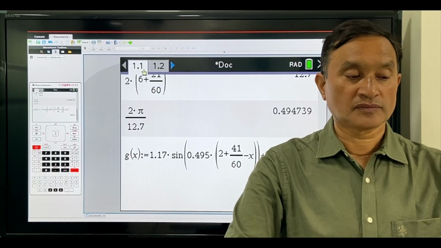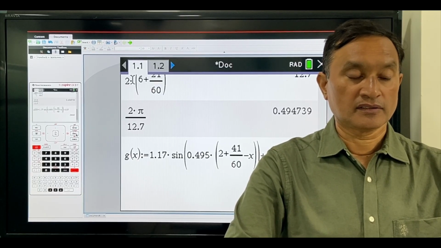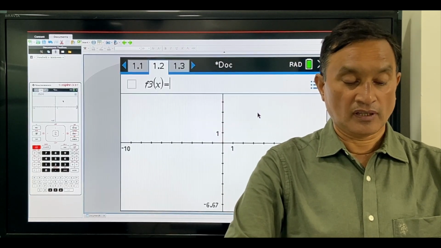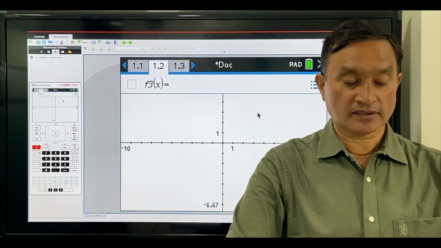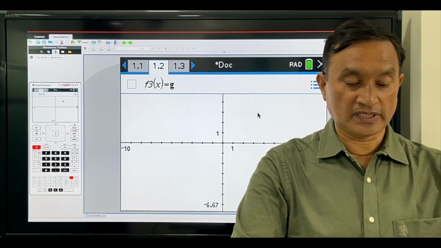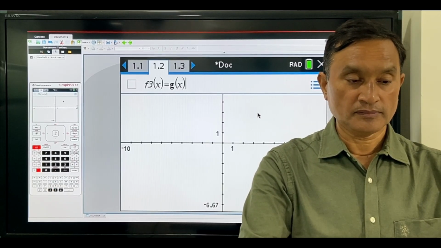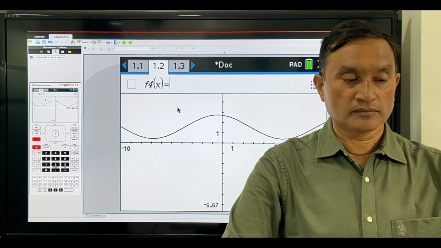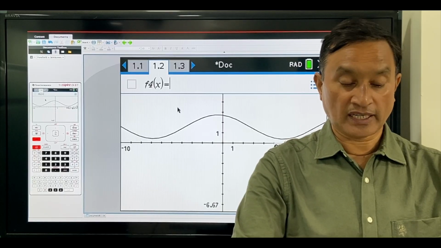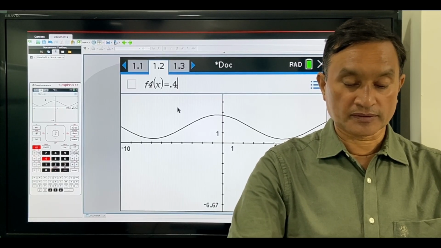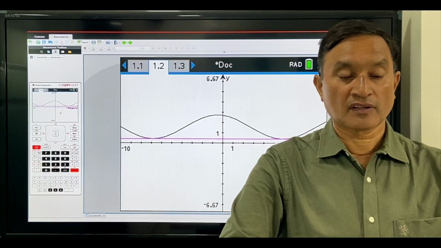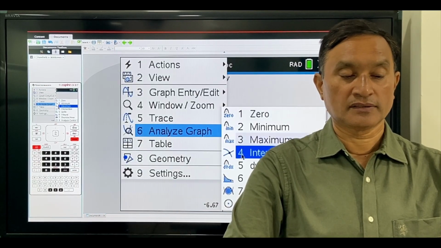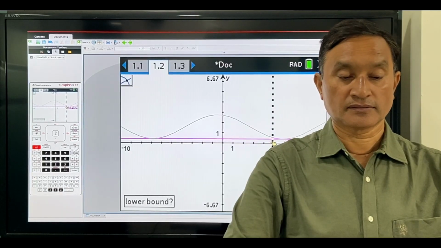Now we will take a new graph and we will sketch the graph of g of x and the line of height 0.4 and analyze the intersection.